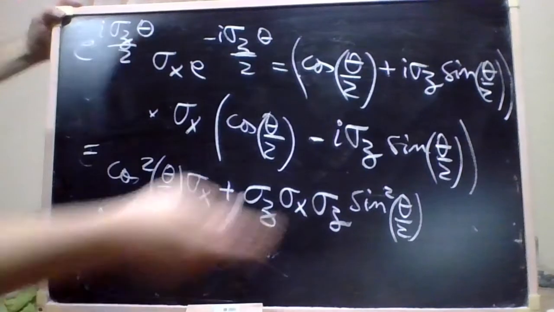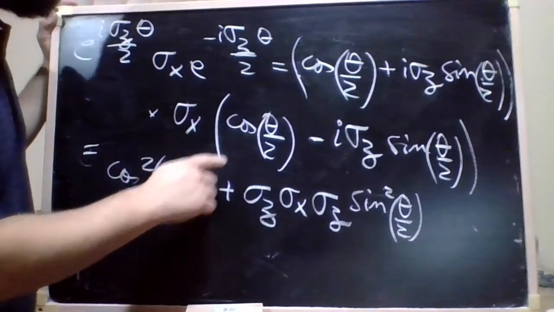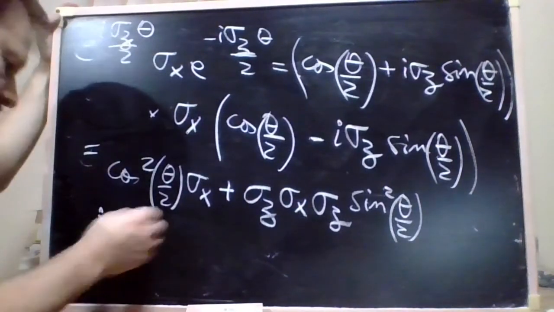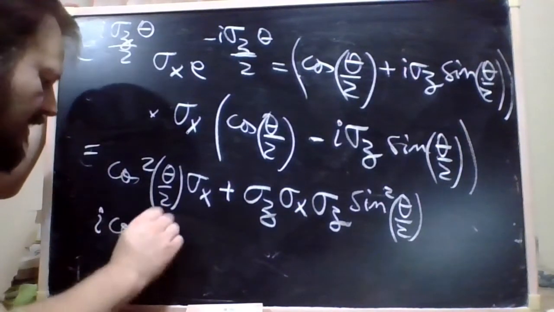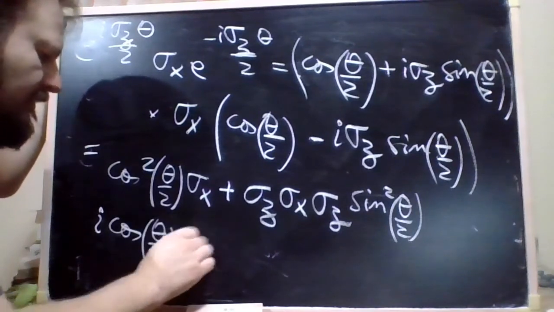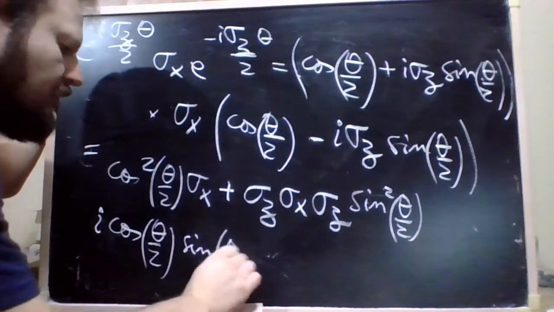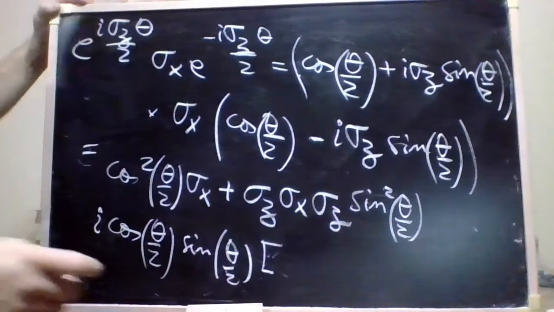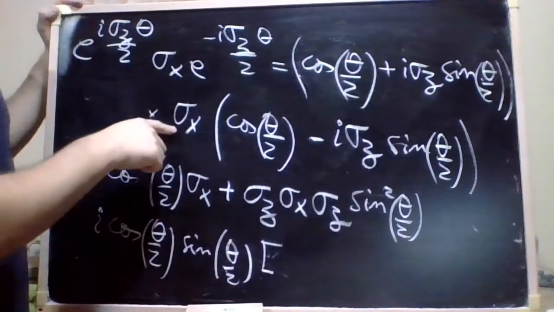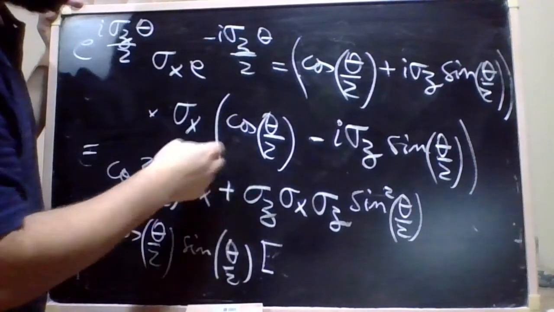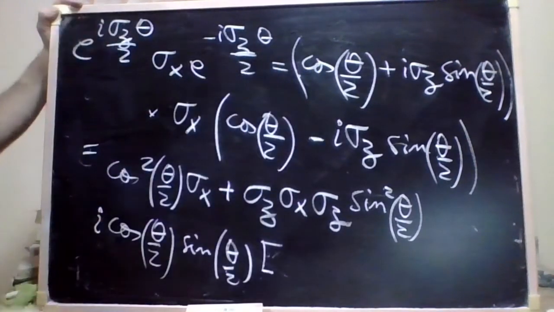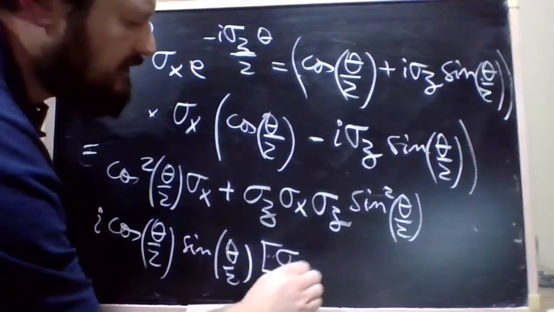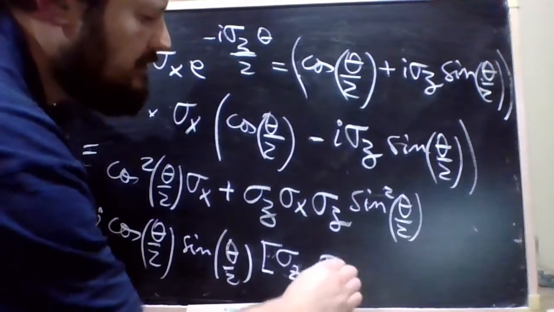imaginary terms. These terms are always proportional to the cosine multiplying the sine function of theta over 2, right? But now notice that I have this multiplying this minus the reversed order. So I'll have the commutator of sigma z with sigma x, all right?